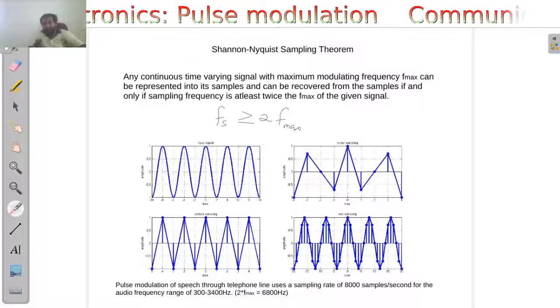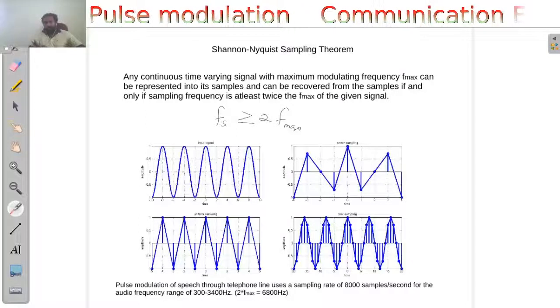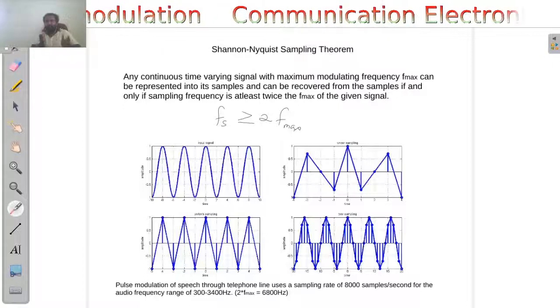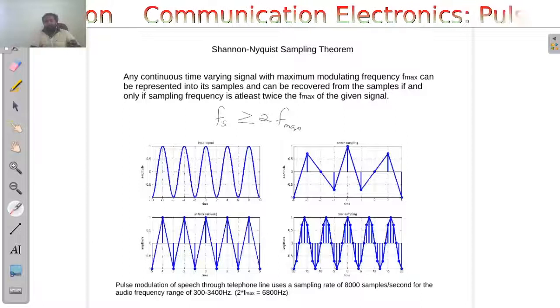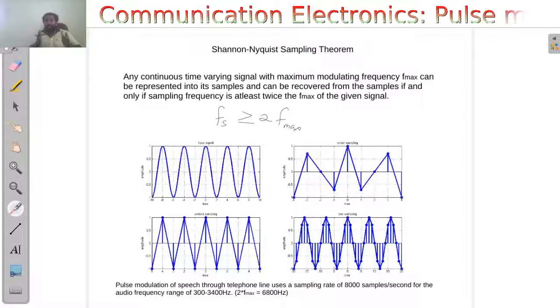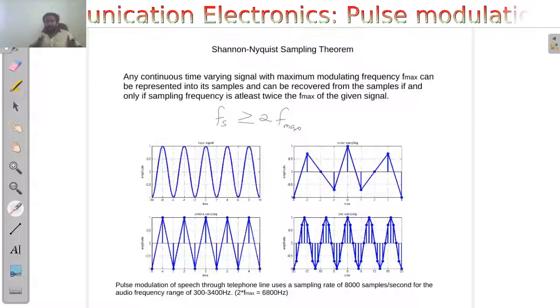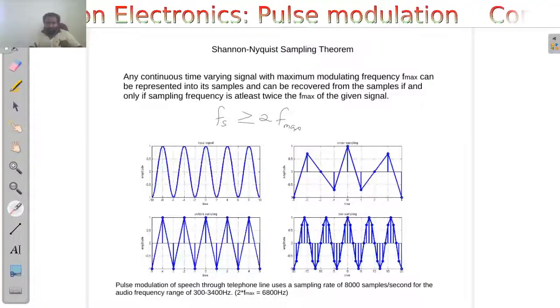Better it is more than 40 kilohertz. 40 kilohertz is the lowest possible sampling frequency, and ideally it should be very high. So it is better to have a higher sampling frequency than the Shannon-Nyquist limit.